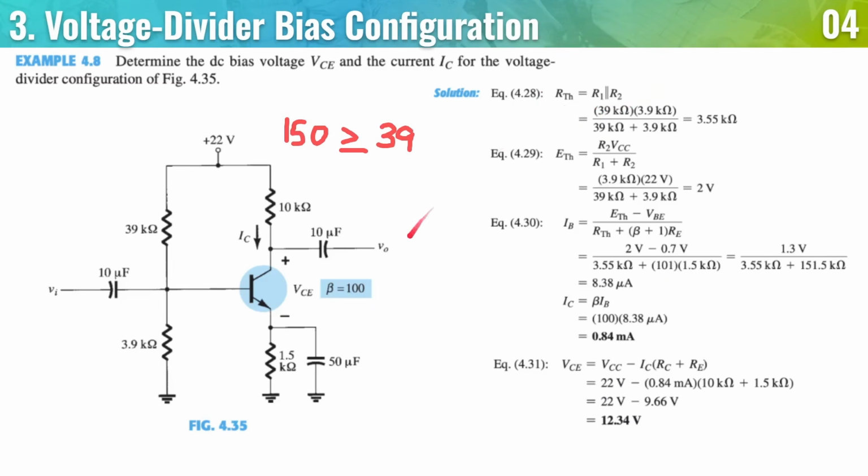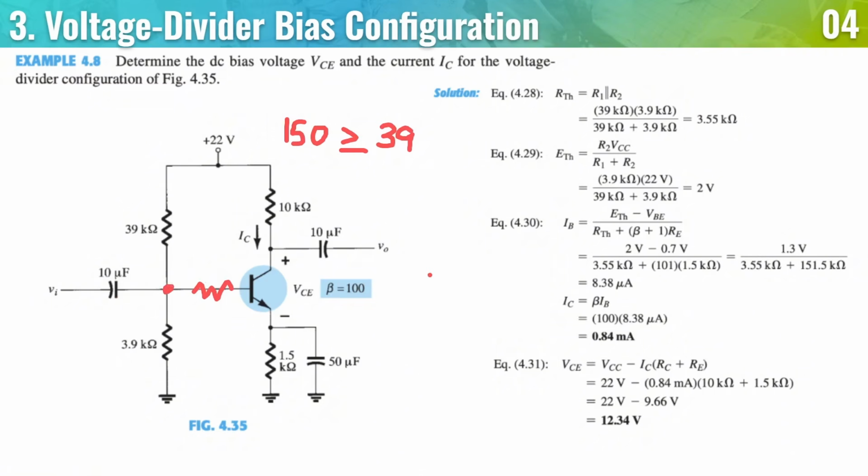So RTH, or the Thevenin resistance, is what is here. The equivalent of 39 kilo ohms and 3.9 kilo ohms in parallel is 3.55 kilo ohms. Next, we have ETH. ETH is going to be the point here.